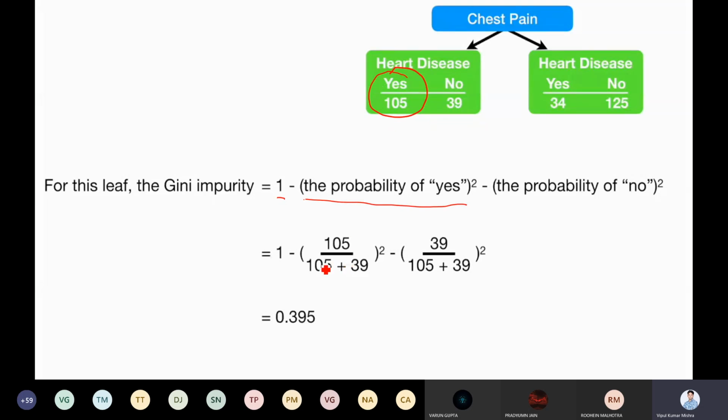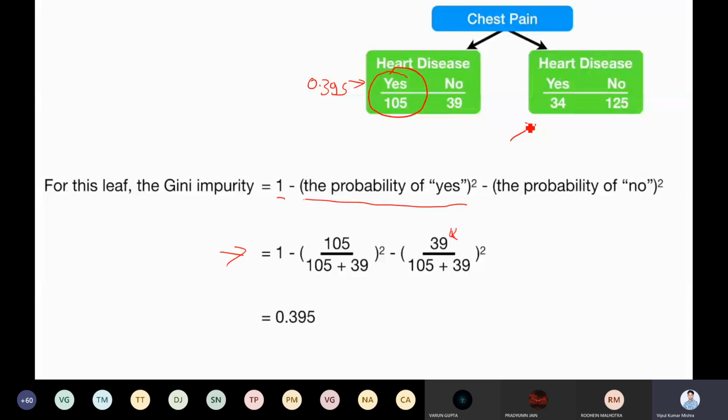Then we compute the probability for no: 39 no divided by 105 plus 39, whole squared. Once you compute this entire score, this becomes the Gini score for the first node, which is 0.395.